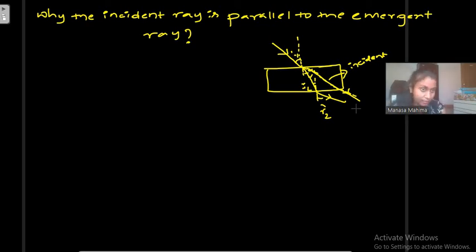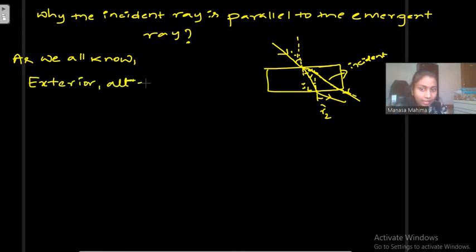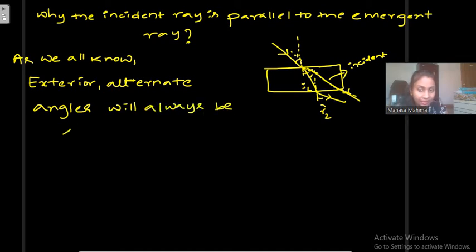If you think for an answer mathematically, how can you solve this? As we all know, the exterior alternate angles will always be equal. That means what I need to take?